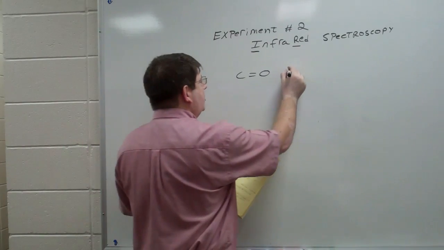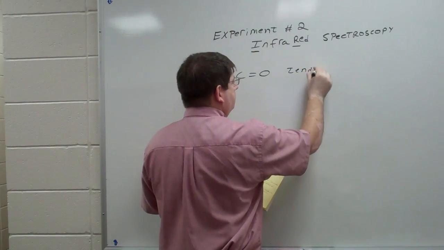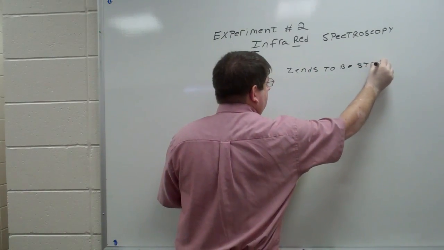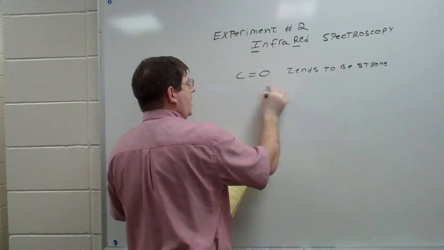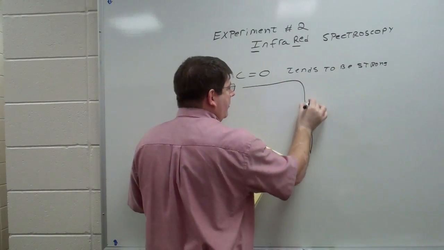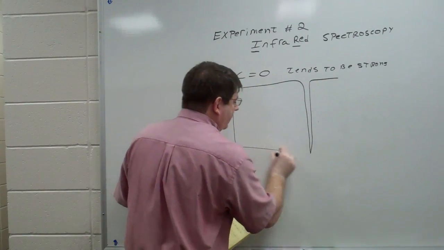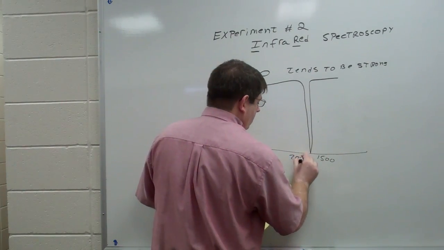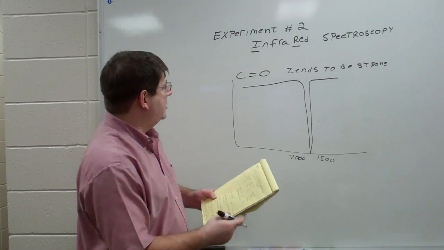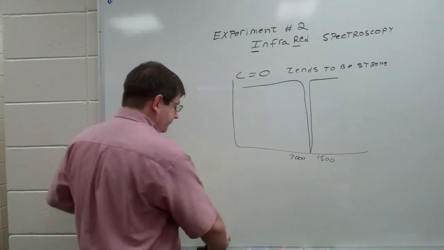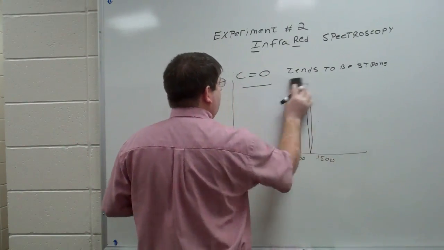It tends to be very strong, meaning that if you're looking at percent transmittance, it's going to go almost all the way down to the baseline. So if this was the graph that we were looking at, there would be my 1500 to 2000. A C double bond O tends to be quite strong in its stretching ability. This would have looked something like that.